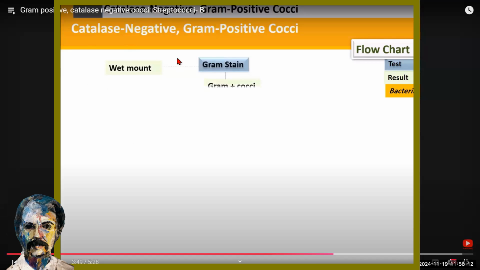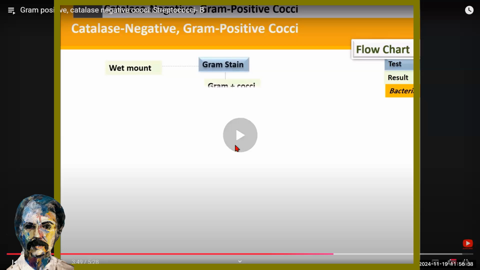Yeast, when they grow, they start like Streptococci, pinpointed. And then after 36 hours or 48 hours, the colonies become bigger and bigger. Therefore, it's easier to make a wet mount, even before gram stain, just to rule out that this is yeast, so that you are dealing only with bacteria.